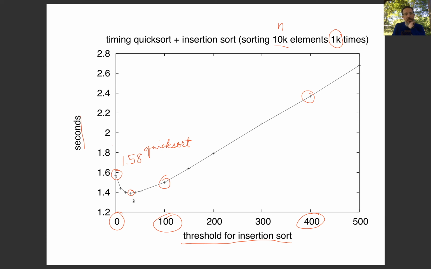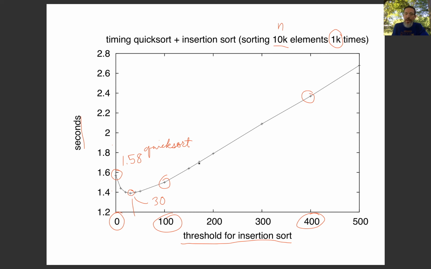And this minimum, by the way, was about 30. That point right there was about 30. It goes down because the further we go to the right, the fewer recursive calls we're making, because we're using insertion sort for greater and greater subarrays. And with fewer recursive calls, there's less cost attributed to those recursive calls.